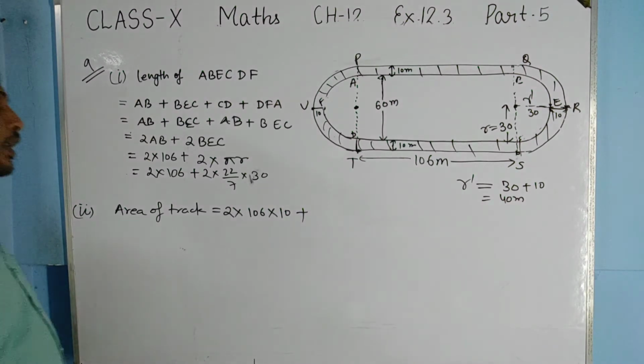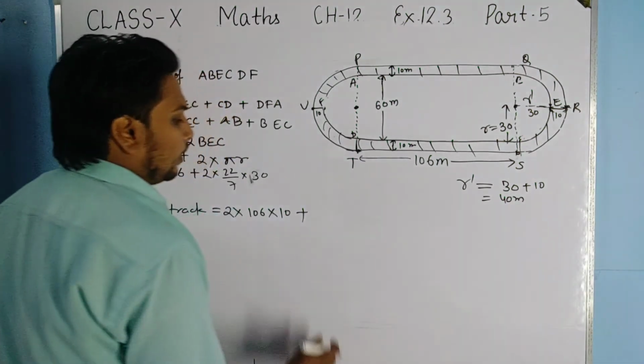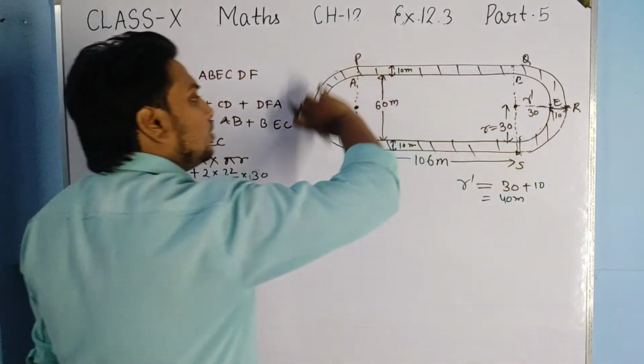After that, you will add the area of the semicircular region.